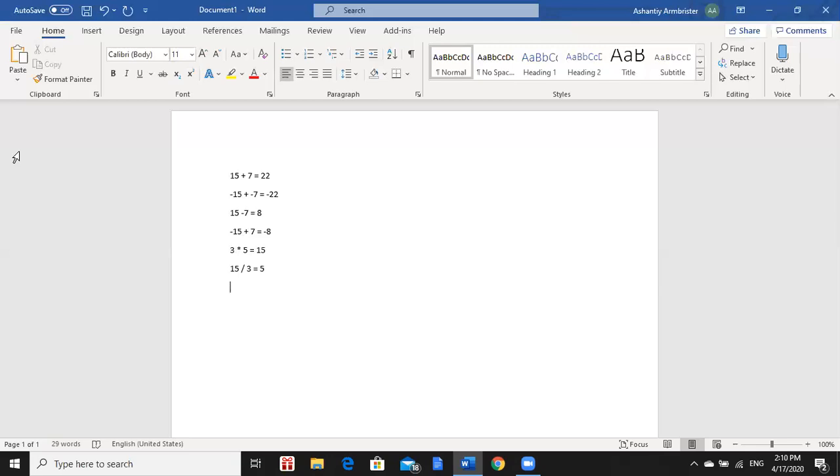So an example would be negative 5 times positive 8 equals negative 40.